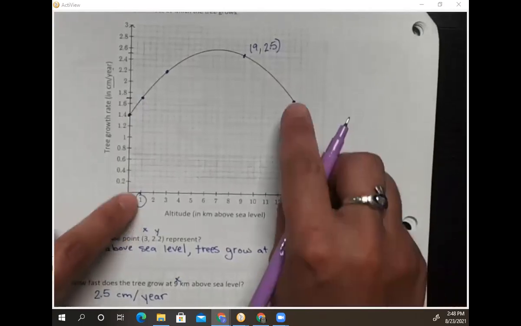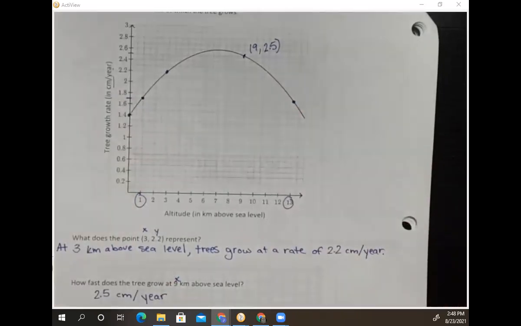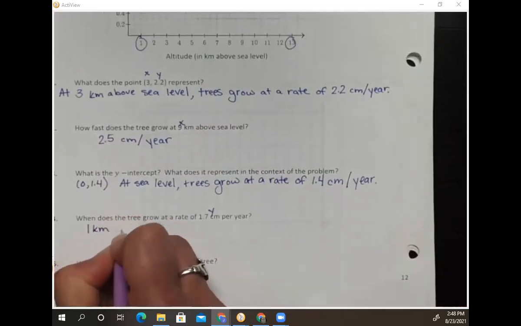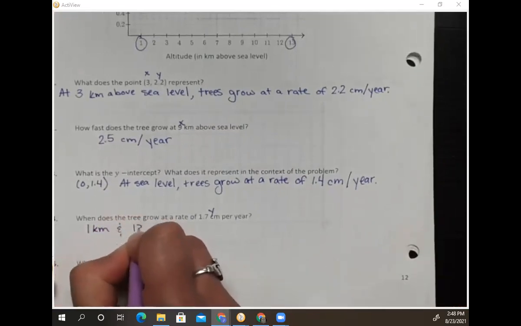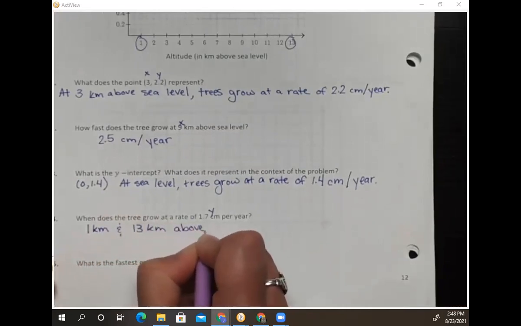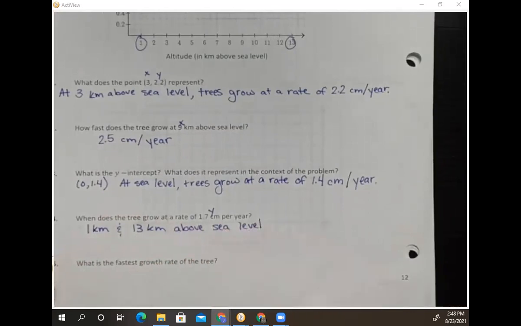Since both of these altitudes have a growth rate of 1.7, I want to make sure I list them both. So 1 kilometer and 13 kilometers above sea level. Those are the 2 altitudes where we have this specific growth rate.